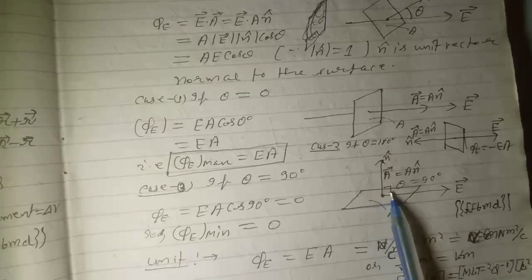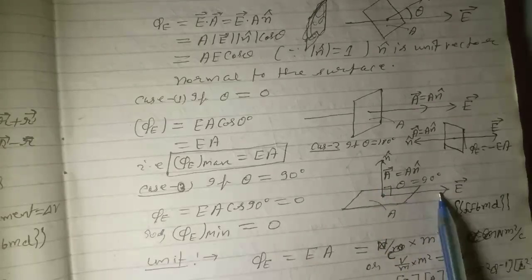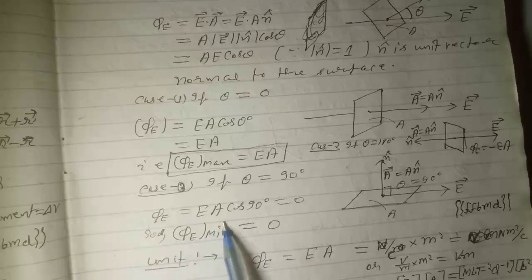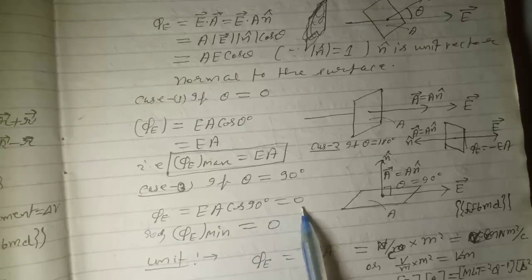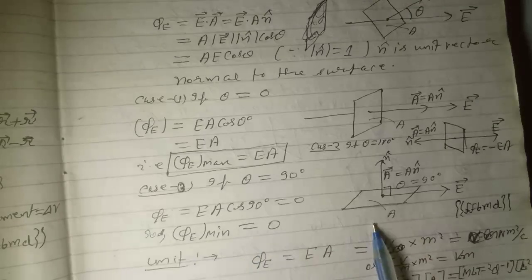So there will be a 90 degree angle between area vector and E vector, and in this case phi will be EA cos 90, and cos 90 is equal to 0. So flux will be phi minimum. Minimum flux, we obtain in this case, and it will be equal to 0.